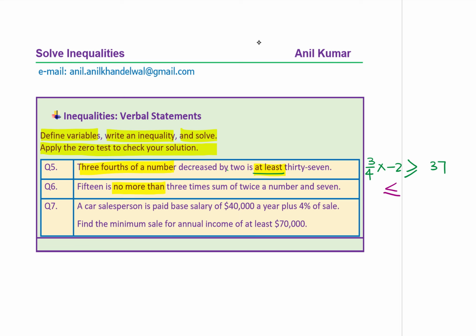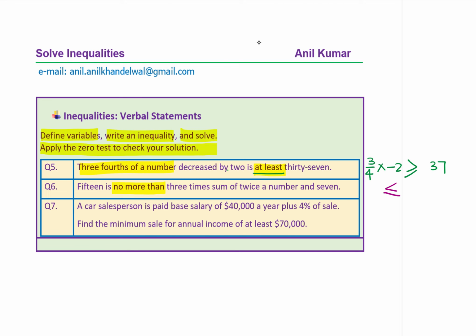Then we have a word problem. Most of the complicated questions involving inequality word problems will involve these terms, at least, no more, and such terms. Now you understand how we work with them. Perfect. Here is an example. A car salesperson is paid a base salary of $40,000 a year plus 4% of sales.